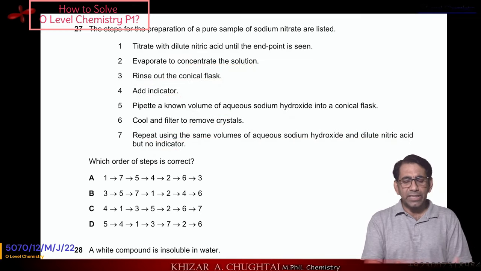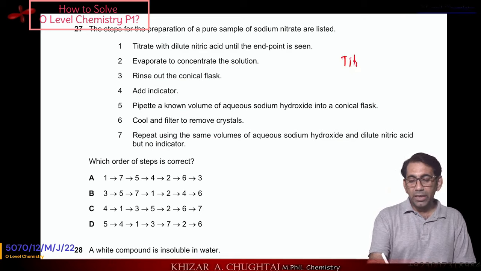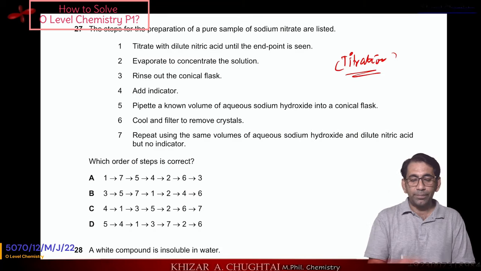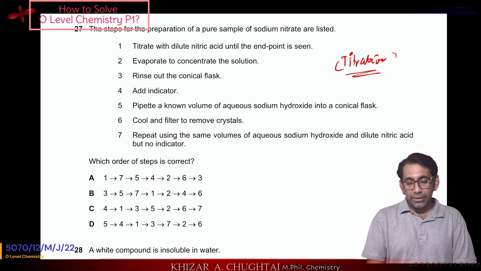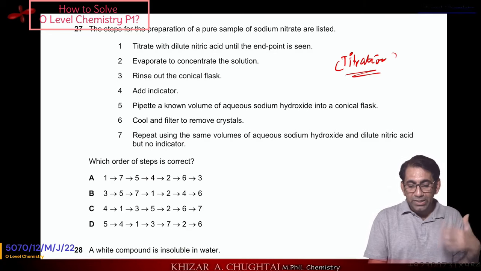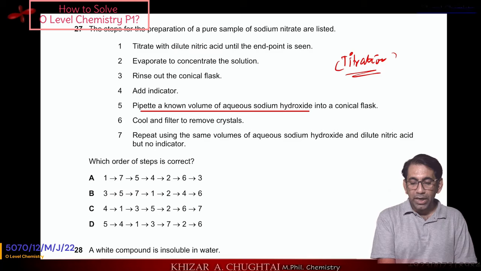These are the basic steps of titration, but they are not in proper order. The question is, which order of the steps is correct? The first step should be to pipette a known quantity of the hydroxide into the conical flask, that is step number 1.